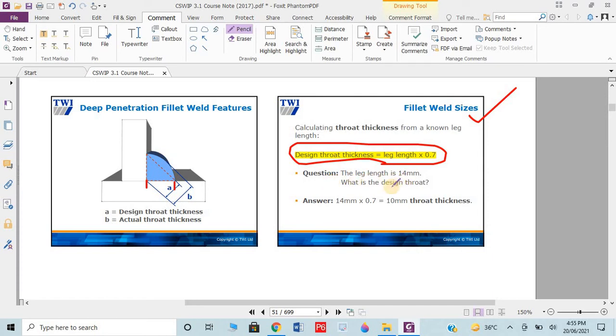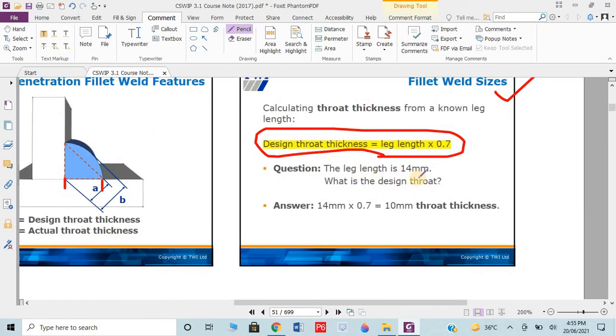If the leg length is 14 millimeter, what is the design throat? Simply multiply this 14 with 0.7, and 10 millimeter will become the throat thickness.